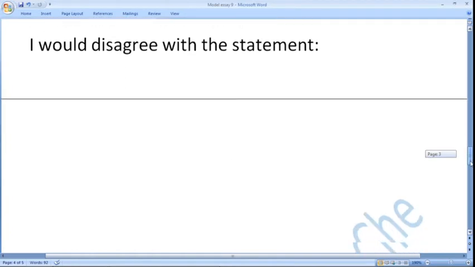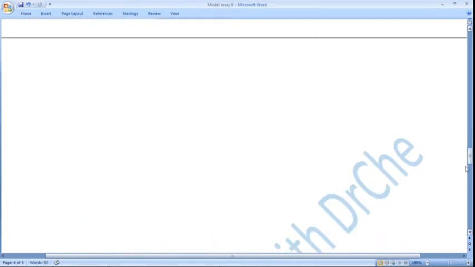Let us go. A background statement, for example, in recent years. So our topic is the effect of computers on children. So I can use any of these ideas to think about a background statement.